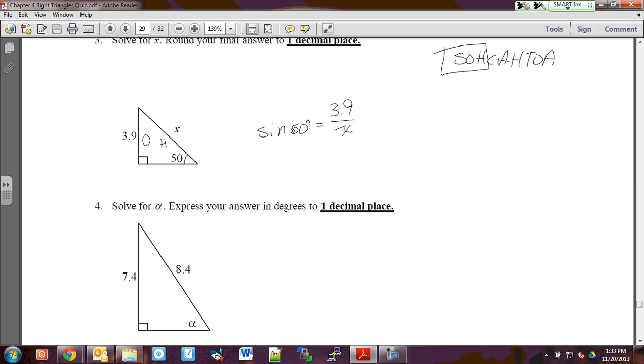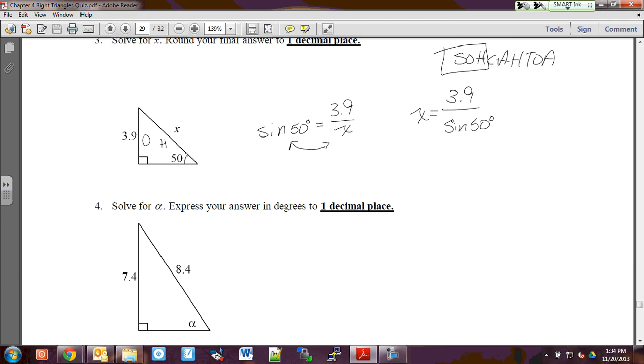Now, if you remember, the shortcut way to do this is to just switch the x with the sine of 50. So x equals 3.9 divided by the sine of 50 degrees. Now, before you go punching this into your calculator, check your mode to make sure you are in the correct mode.